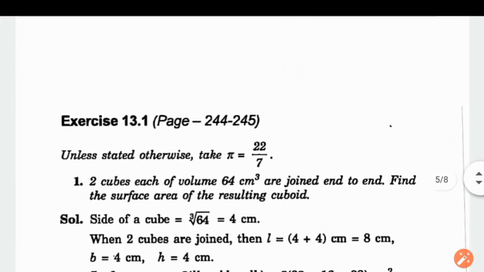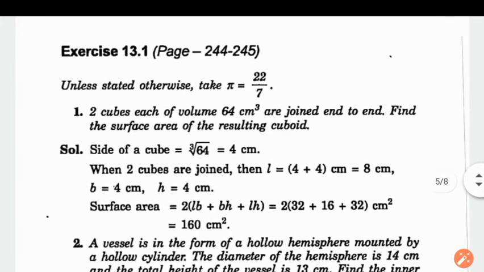So let's solve the exercise which I have shown you just now. Exercise 13.1. What is the first question? I have given you all the formulae related to different solids. Now I think you are able to understand this exercise. In number 1, we have two cubes, each of volume 64 centimeter cube, joined end to end.